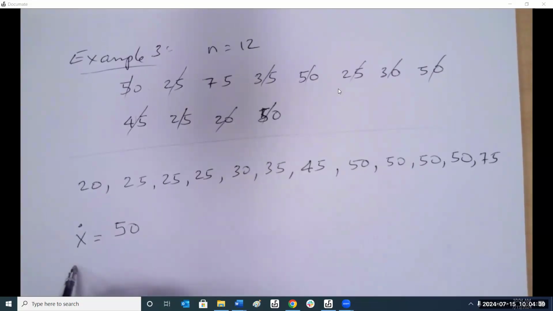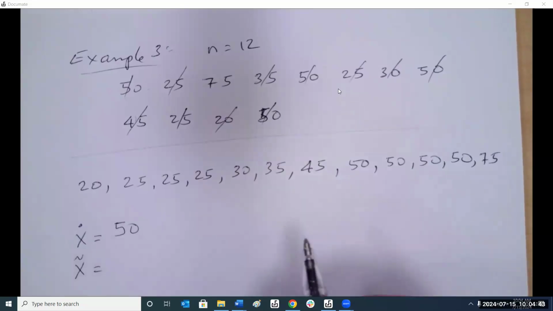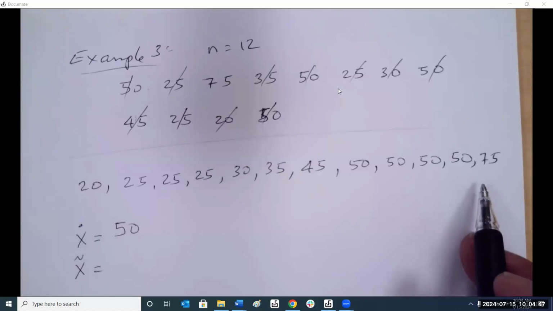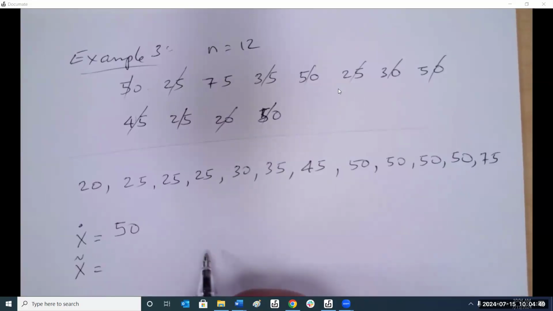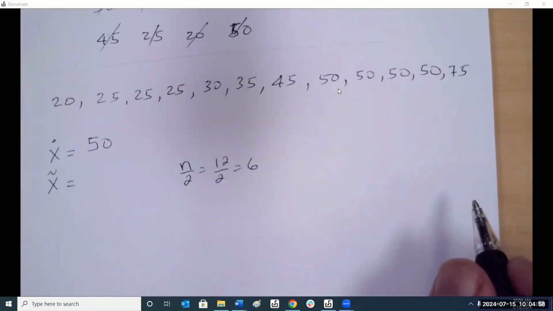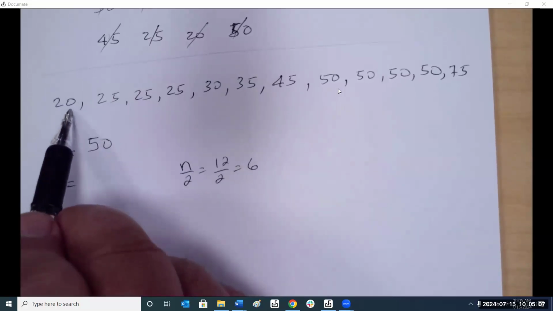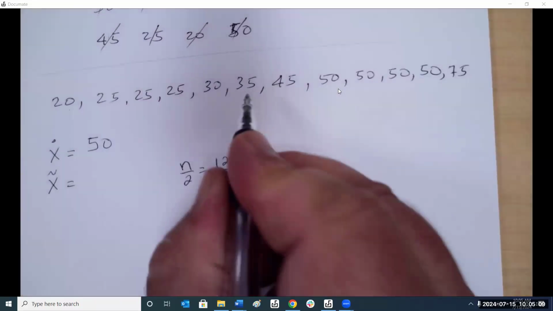Let's do the median, X tilde. First step is put them in increasing order. Second step, take N divided by 2. We got 12 divided by 2 is 6. Go to the 6th number: 1, 2, 3, 4, 5, 6. That's a 35.